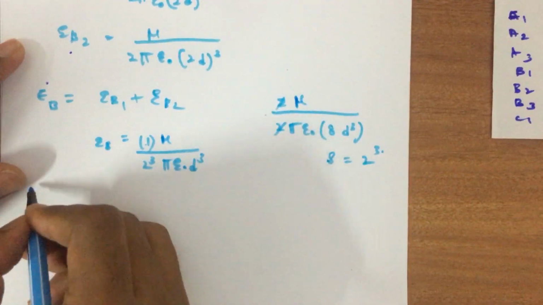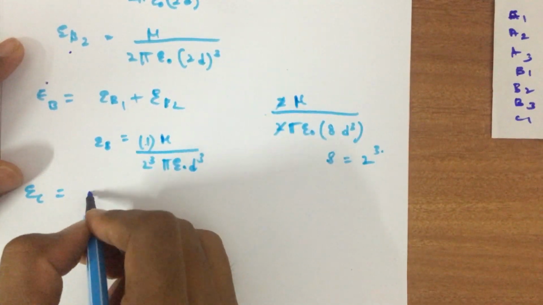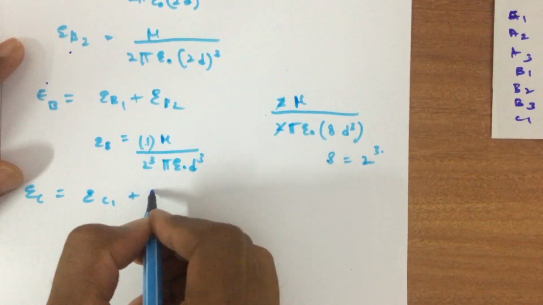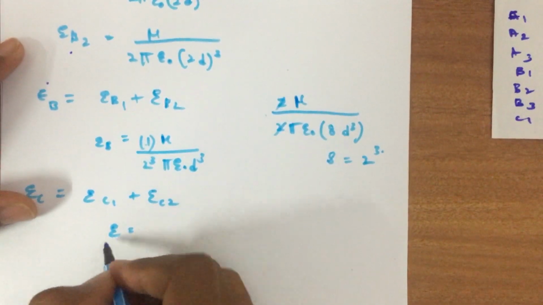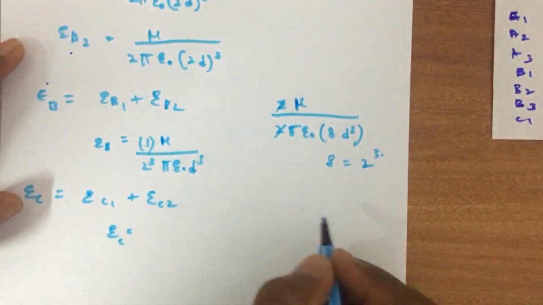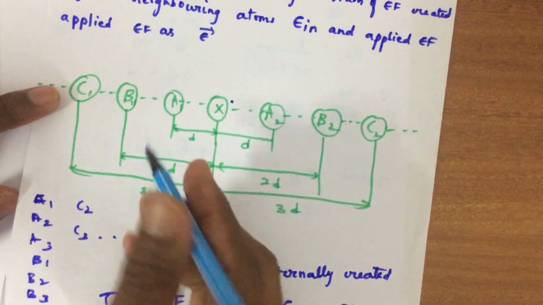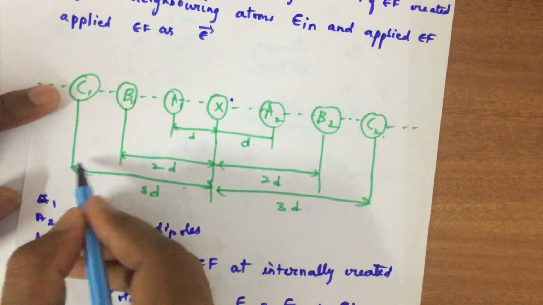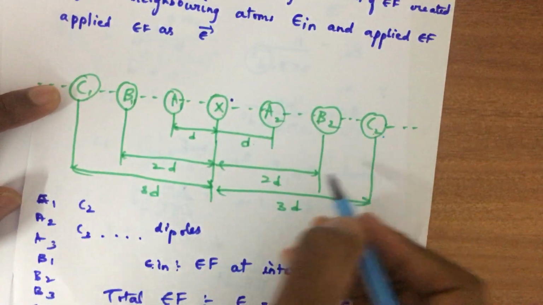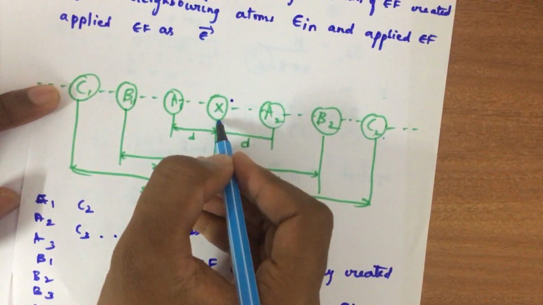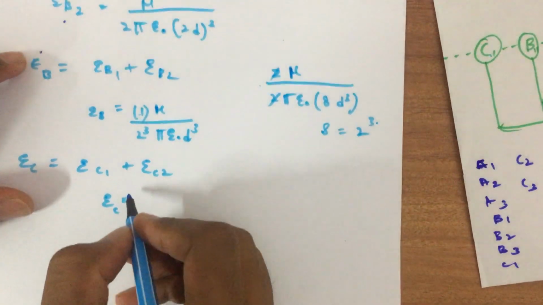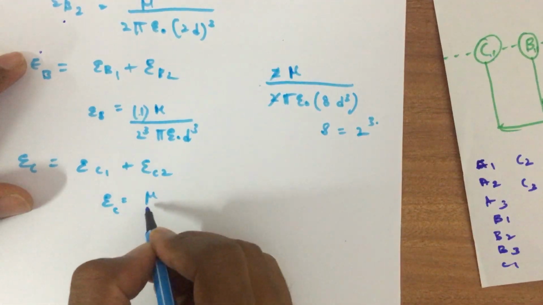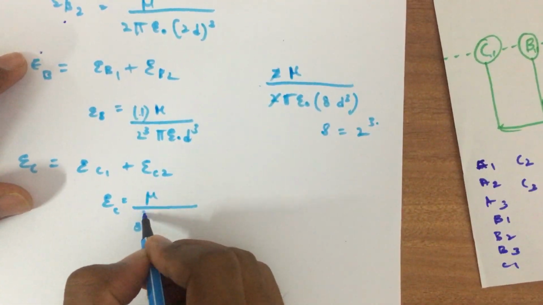Okay, and next similarly what will be for EC? Same, EC1 plus EC2 also will be equal to EC. So here if you see, the distance between C1 and C2 is 6d, whereas the distance between X and C1 is 3d, right? So here while using distance I should use mu by 3 cube.